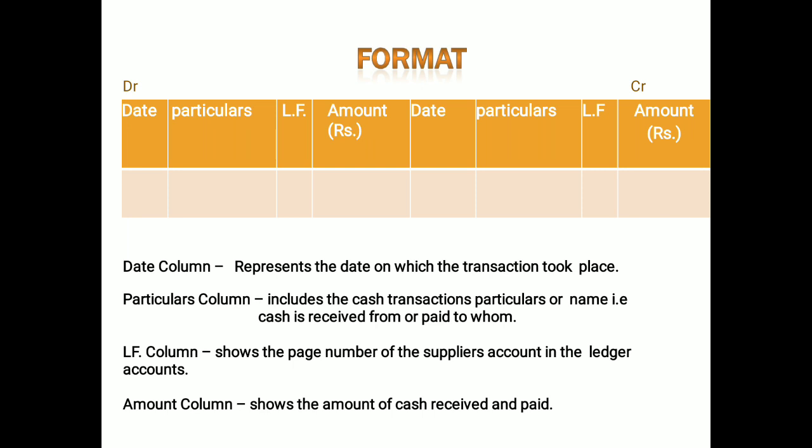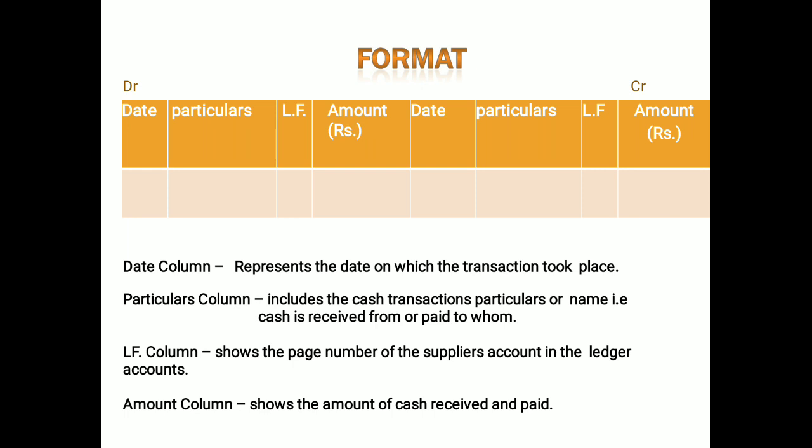Now just listen to the main meaning of the four items on the debit as well as the credit side. First is the date column. This column represents the date on which the transaction has taken place. Number two, the particulars column. It includes the transactions and the name of the item, that is, the cash received from, or paid to, the person.